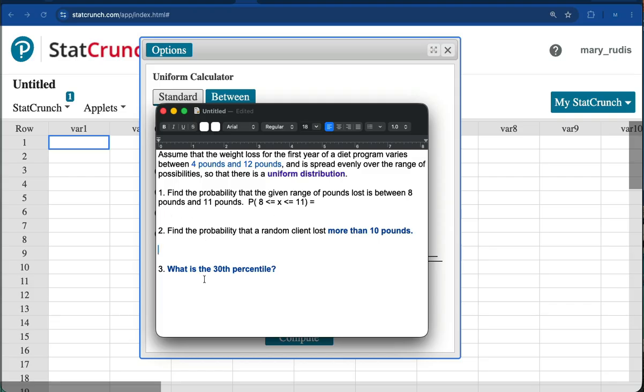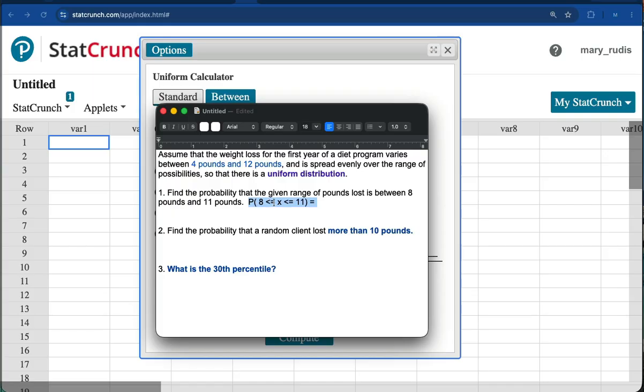So there are three questions here we're going to answer. The first question is, find the probability that the weight loss is between 8 and 11 pounds. So that's well within our range. We're not allowed to go outside of 4 to the left and 12 to the right. The way we write that is what you see here.